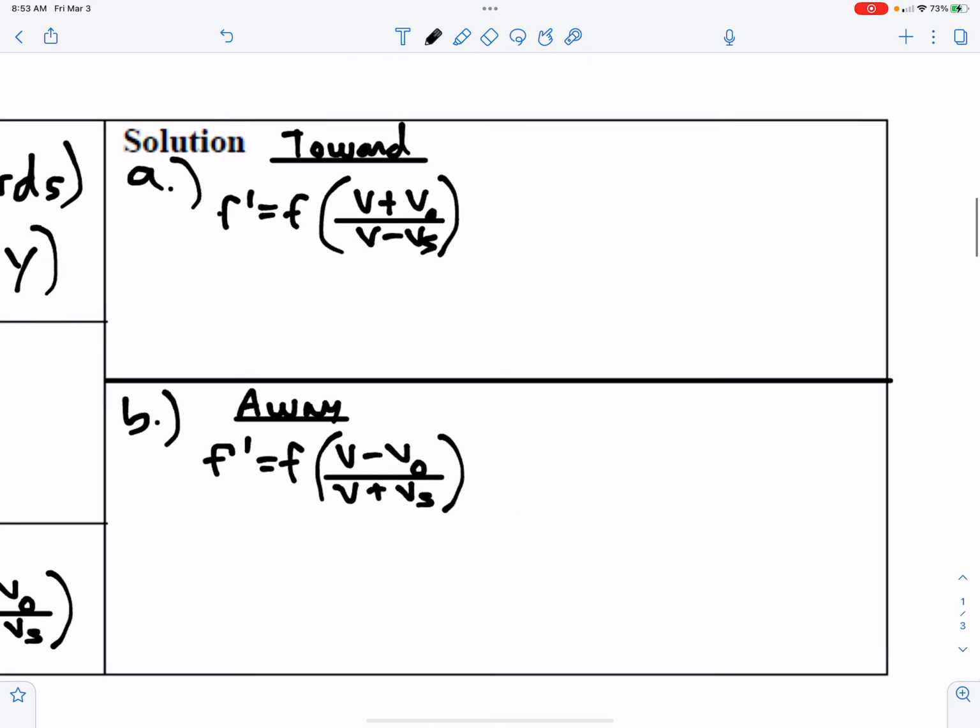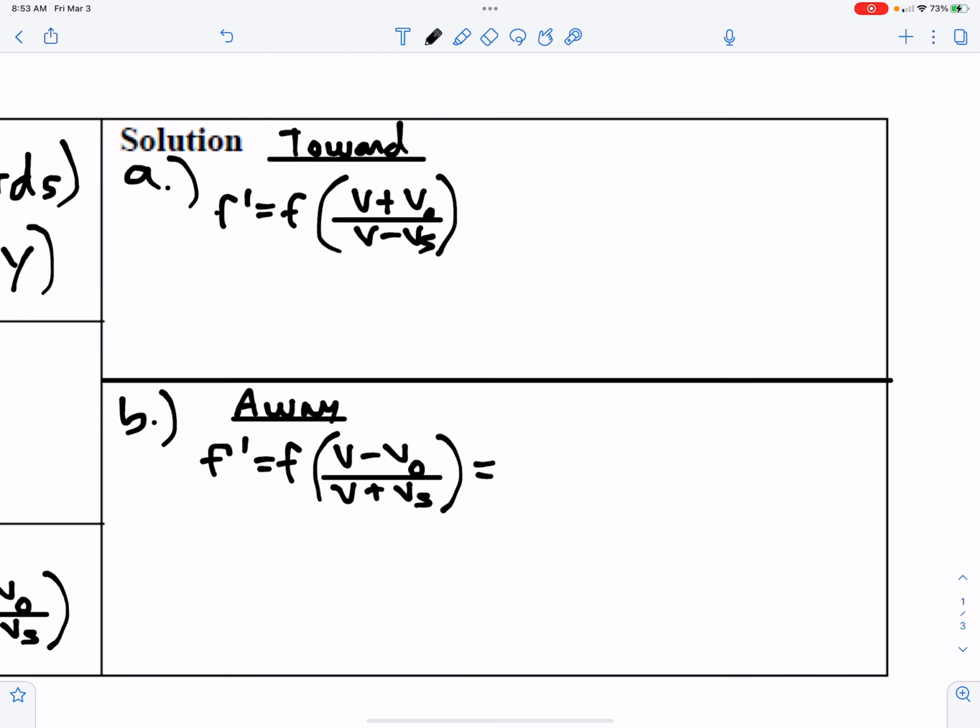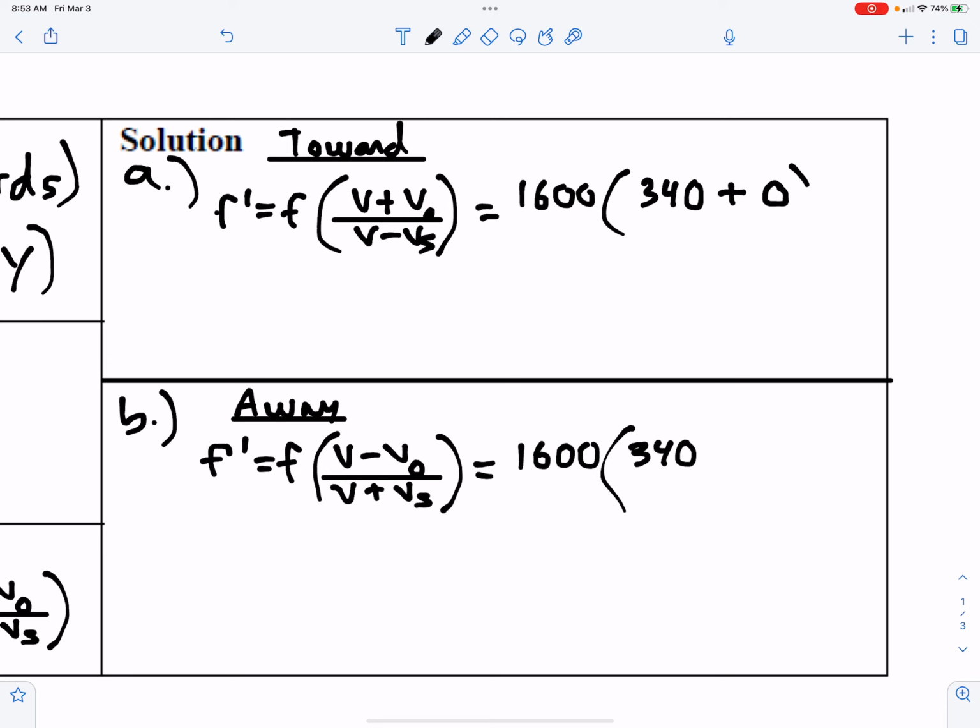I'm going to zoom in over here. We're going to have 1,600 hertz times our speed of sound, 340. I'm sorry, I should be working on the top part A. Sorry about that. So 1,600 hertz times our speed of sound, 340, plus 0, because the observer's at rest, over 340 minus the speed of the sound source, which is 25.